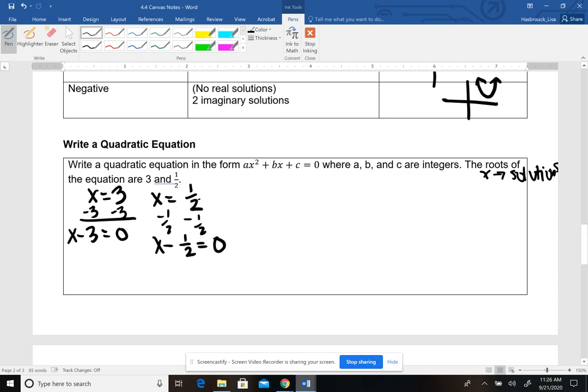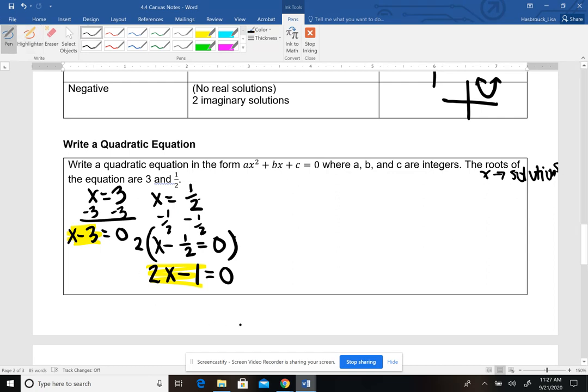But I don't want to deal with that fraction. So to get rid of it, I'm going to multiply everything by the denominator, which is 2. If I do that, 2 times x is 2x. 2 times 1/2 is 1. So now that'll be much easier to use when we go to make our equation. We're going to use this 2x minus 1 and x minus 3 as our factors of the equation.